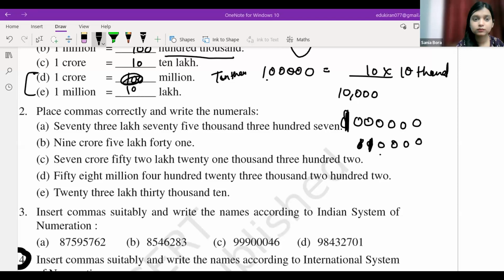It says write as numerals, but it's already written.